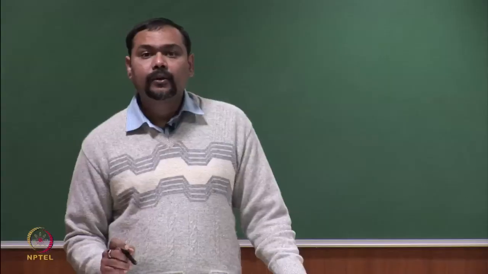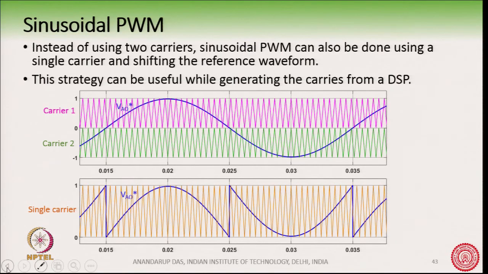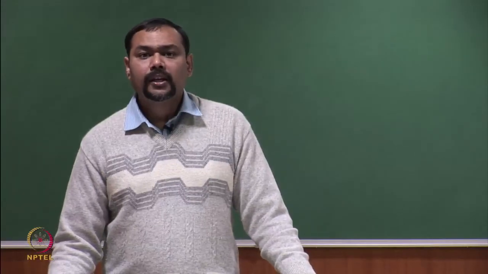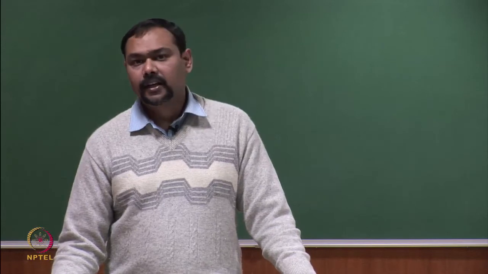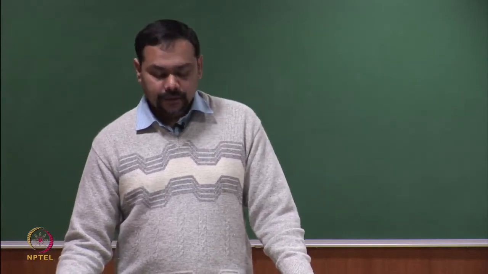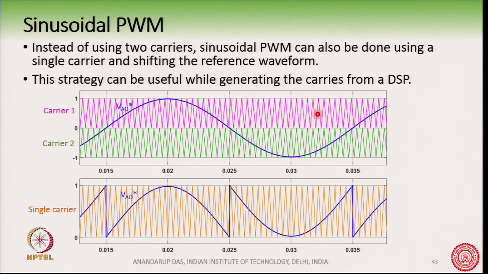Before I go into space vector PWM, I would say that instead of using 2 carriers, it is possible to use a single carrier also. You can see here there are 2 carriers, but you can also have a single carrier. It is useful while generating the carriers from a DSP, because then we will need only one carrier from the DSP.